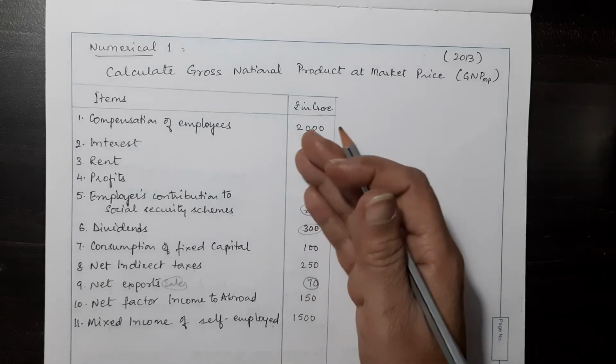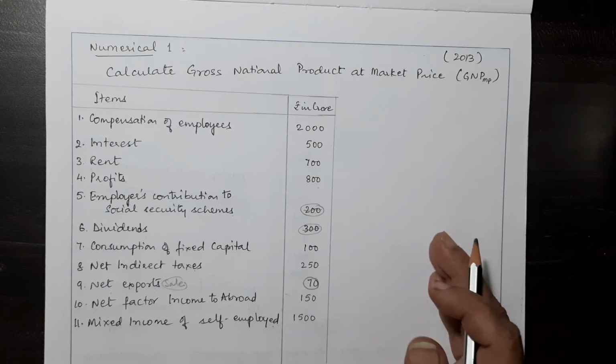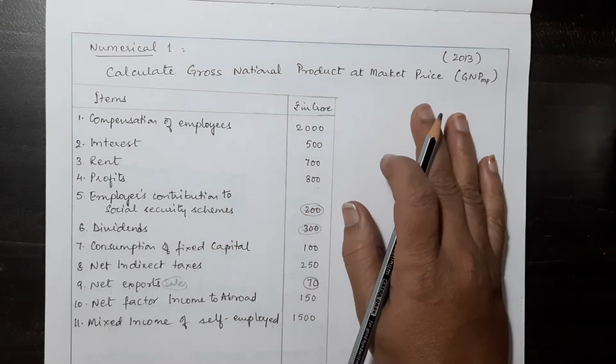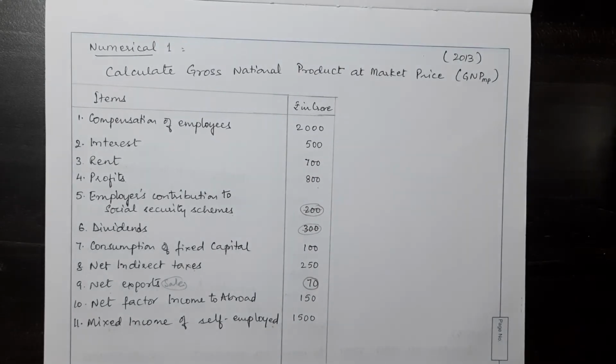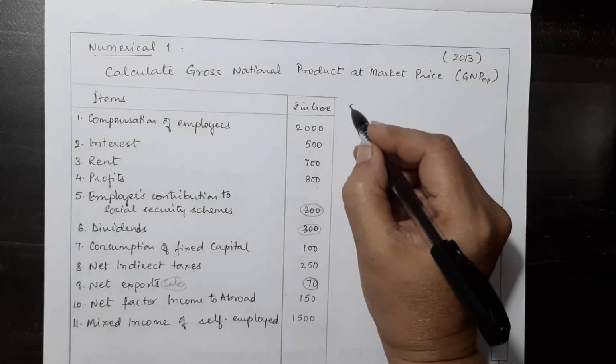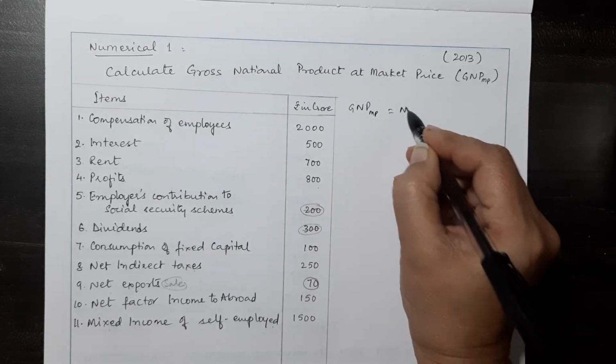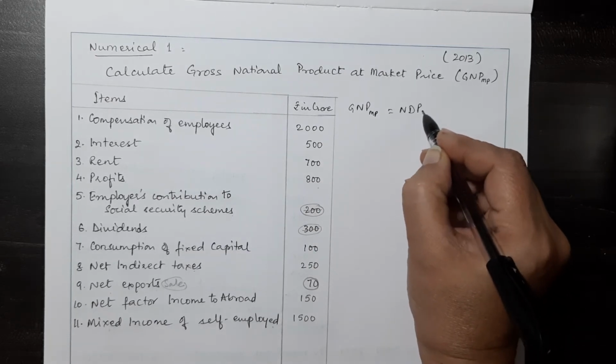So now we are left with certain components that we will use to calculate the gross national product at market price. Now what is the formula to calculate this? We will arrive at this from the domestic product. This is what we learned, no?